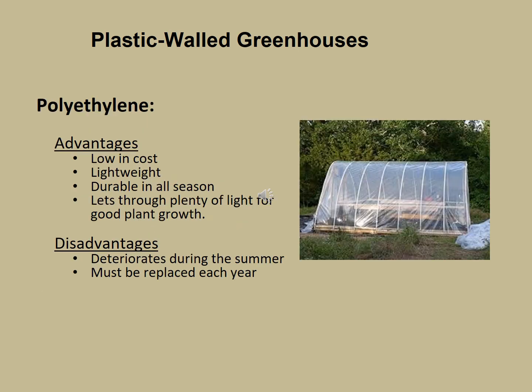Polyethylene greenhouses are made of those flexible plastic sheets that can be rolled out and stretched over something like a Quonset hut or a dome greenhouse. And these usually only last through one season before they rip or wear out. They can be fairly good at insulating, not as good as fiberglass or glass, but good enough. They're lightweight, cheap, inexpensive, they're durable, and a lot of light gets through this polyethylene.